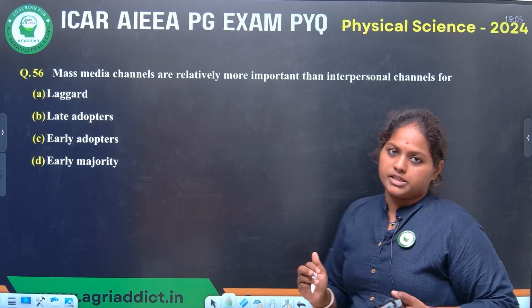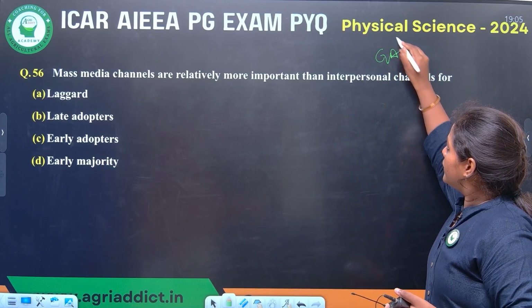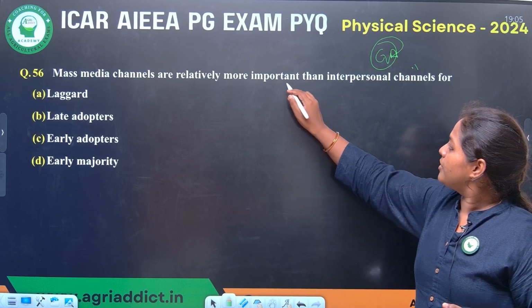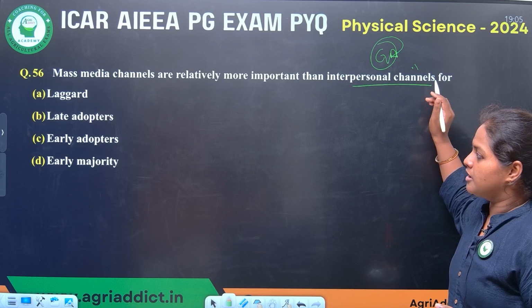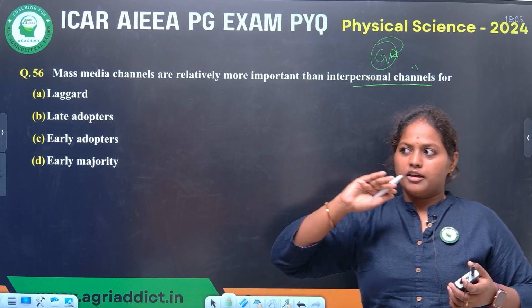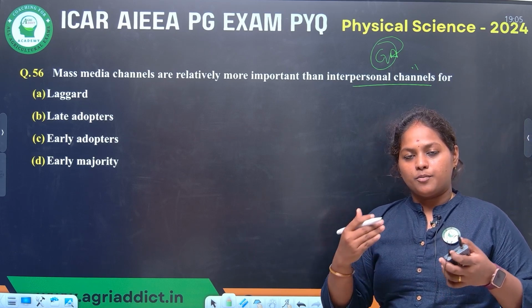Question number 56. A question related to GA from extension. Mass media channels are relatively more important than interpersonal channels for. First of all, you should know the categories of adoption, the way in which people adopt a new practice.